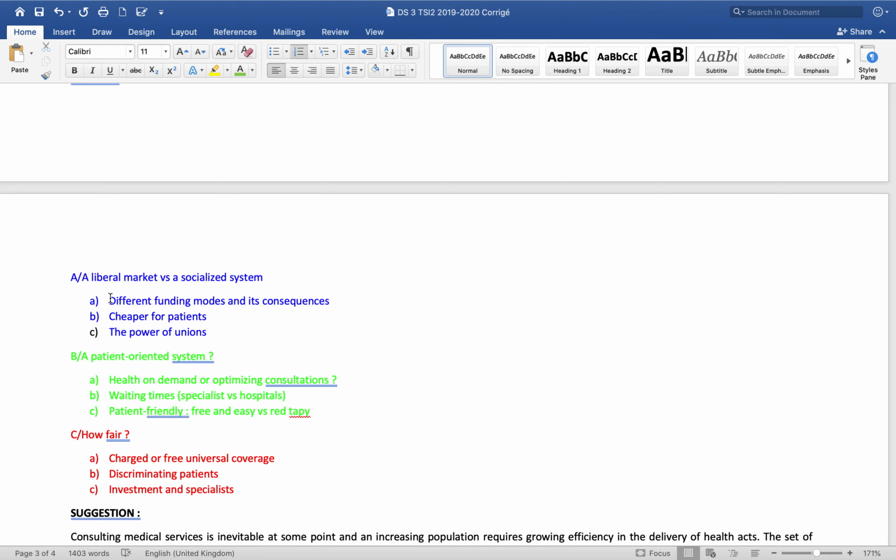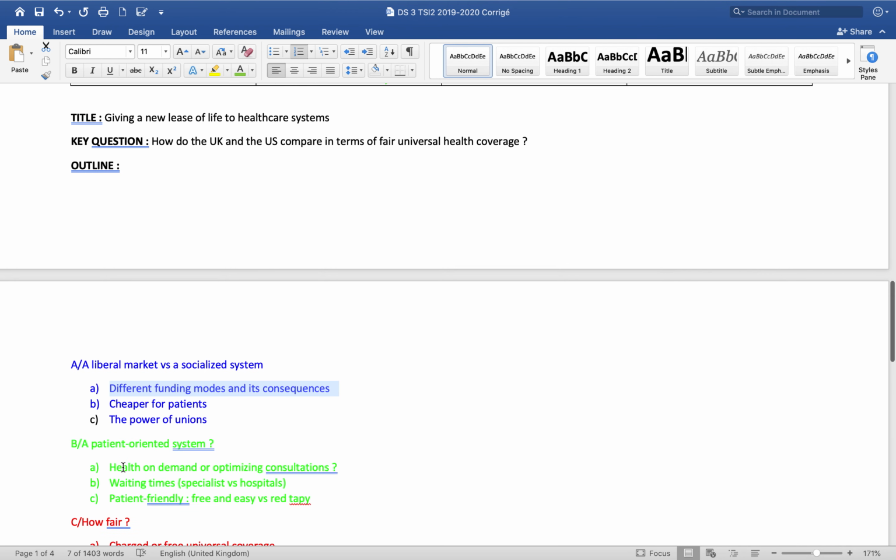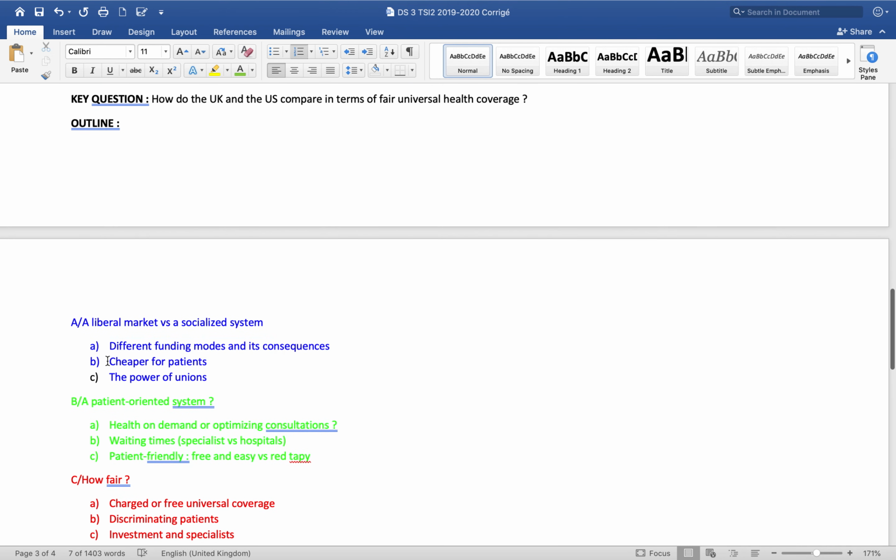The first one is different funding modes and its consequences. So I basically went back to the text and I looked at how different the two systems were. Then second, it's how cheaper that is for patients. Which system is cheaper for patients? It seems to be the British system, because patients do not have to pay for anything when they go to the doctor.